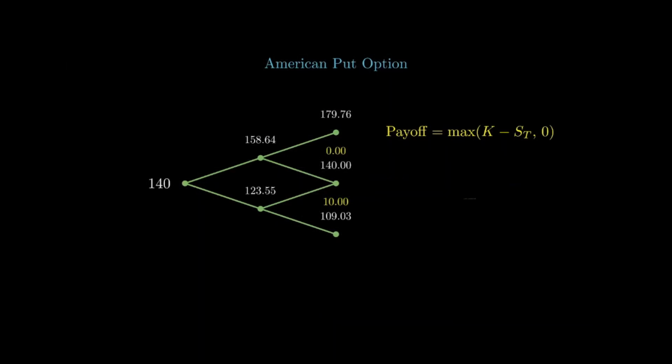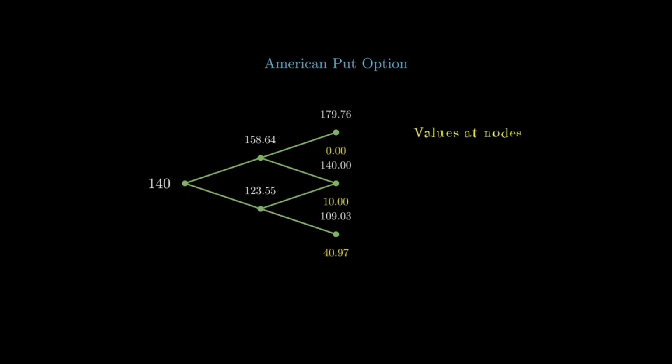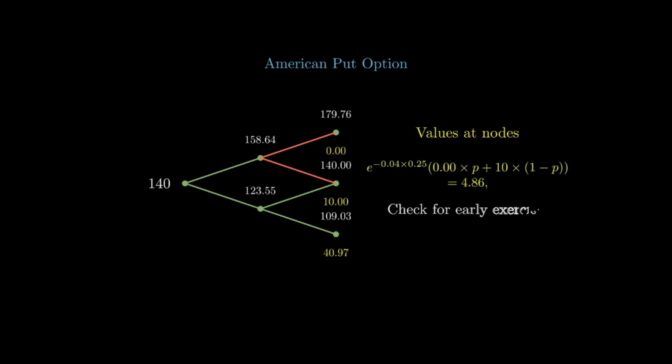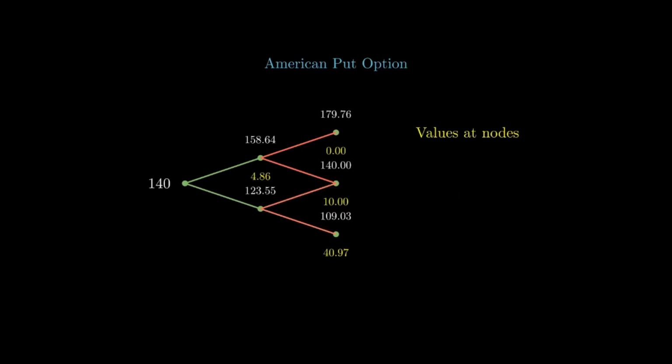Backward calculation of the American put option is different from that of the European put option. The main difference is that when you calculate the price backward, you have to check for the possibility of early exercise at each node.